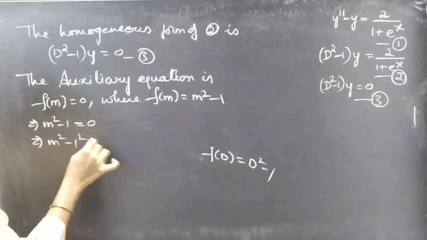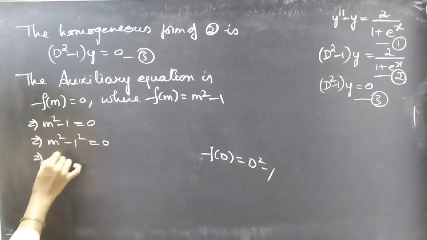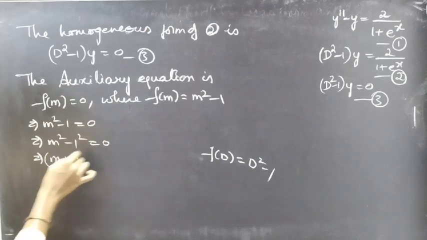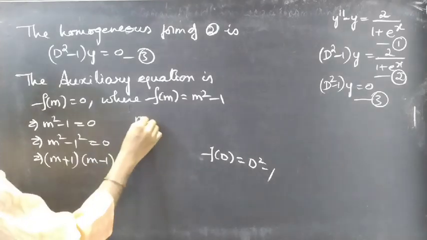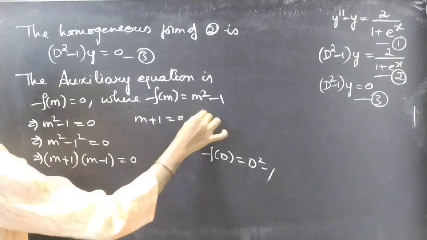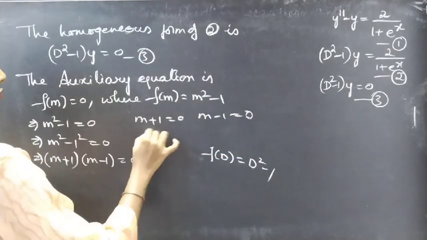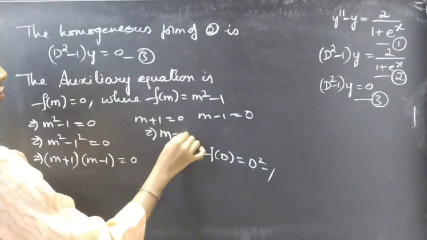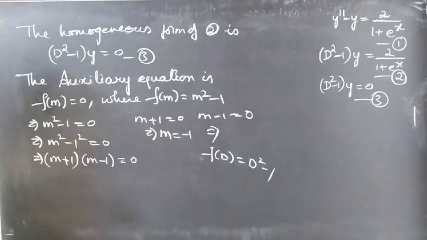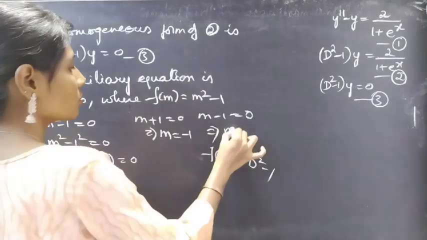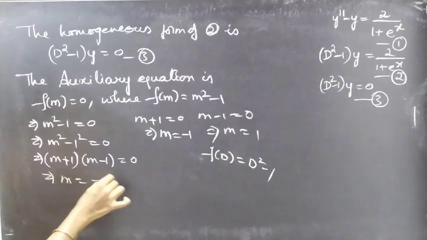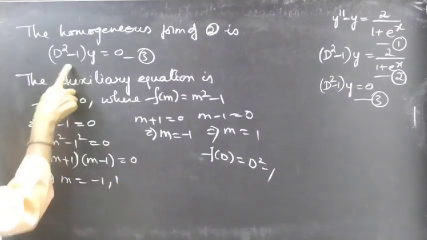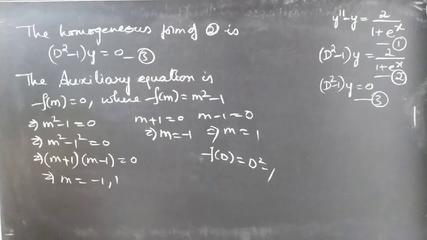This is of a square minus b square form. We can write it as a plus b into a minus b. Now equate each factor to 0. From m plus 1 equal to 0, we get m equal to minus 1, and from m minus 1 equal to 0, we get m equal to 1.